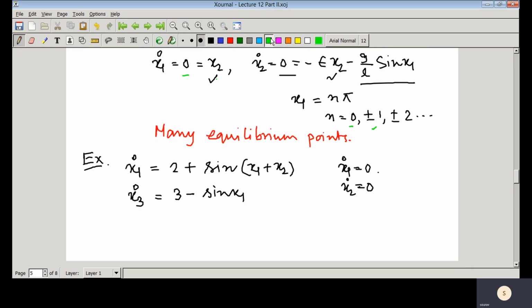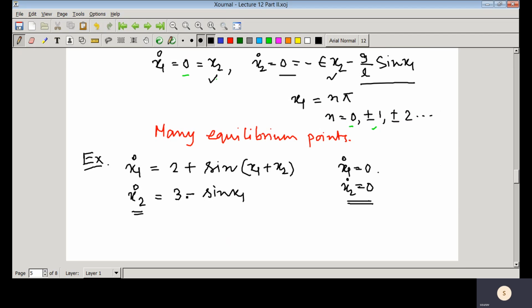Now look here, if you put x2 equal to 0, then sine x1 equals 3, and you cannot have any value of x1 such that sine x1 would be equal to 3, because sine x1 varies from plus 1 to minus 1.